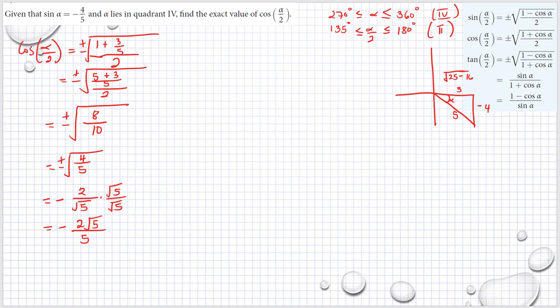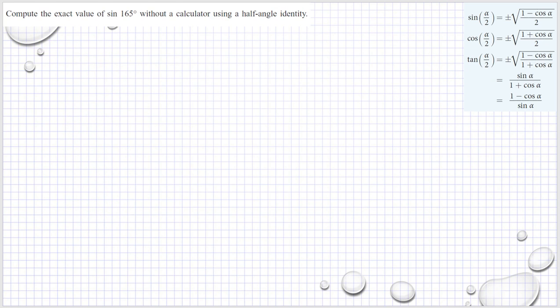Next. Compute the exact value of sine 165 without a calculator using a half angle identity.